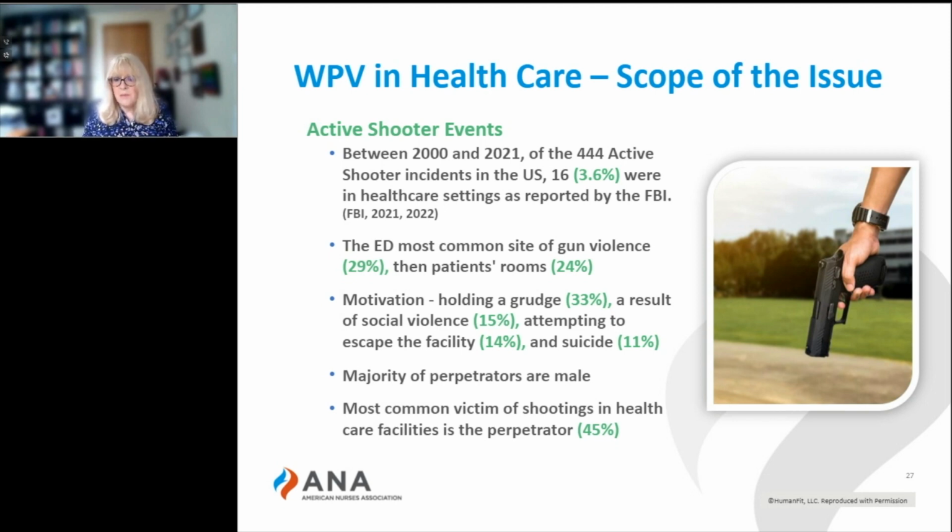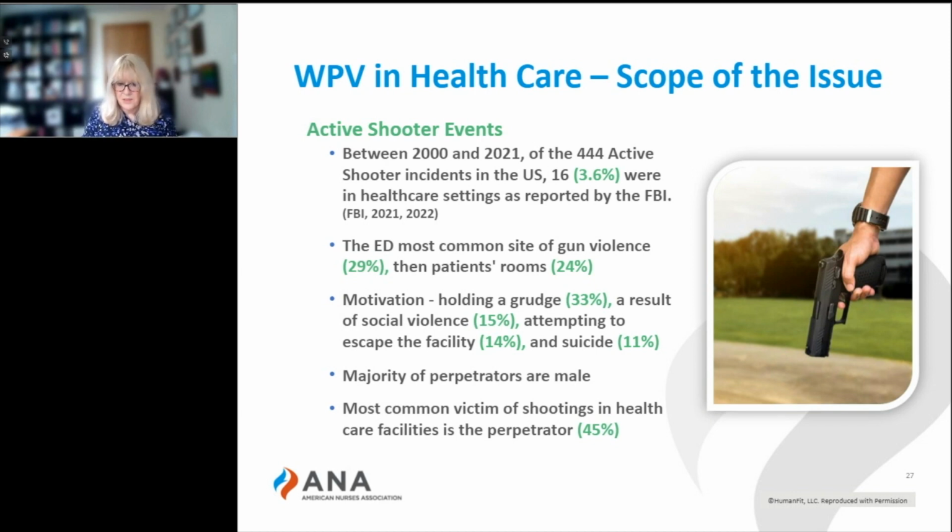The emergency room is the most common site of gun violence, and then the patient room. There's a list of motivations here, often a grudge. It's the result of social violence, such as the gang violence in the surrounding areas, attempting to escape the facility, and suicide. And most perpetrators are male, as in the case of the violence, the episode this week in Arkansas between 2 men in a hospital.